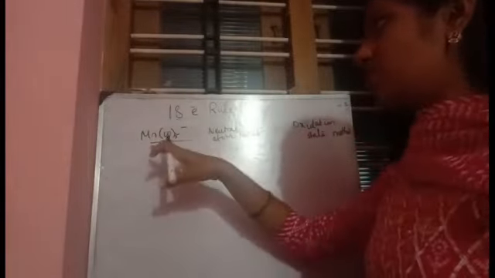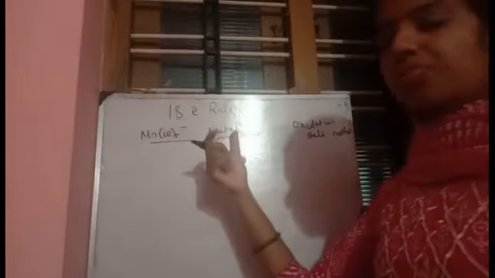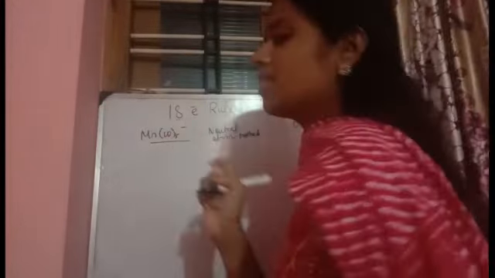The first complex I'm taking is [Mn(CO)5]-, which is a carbonyl complex of manganese. We are going to check whether this compound obeys the 18 electron rule by counting the electrons using both these methods. First one is the neutral atom method, so I'm considering the metal as a neutral atom.